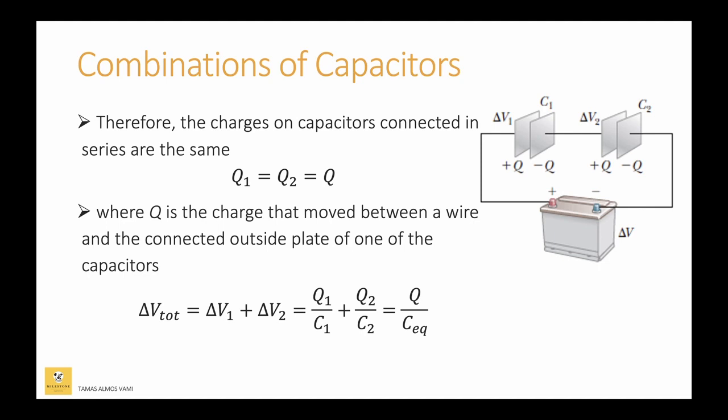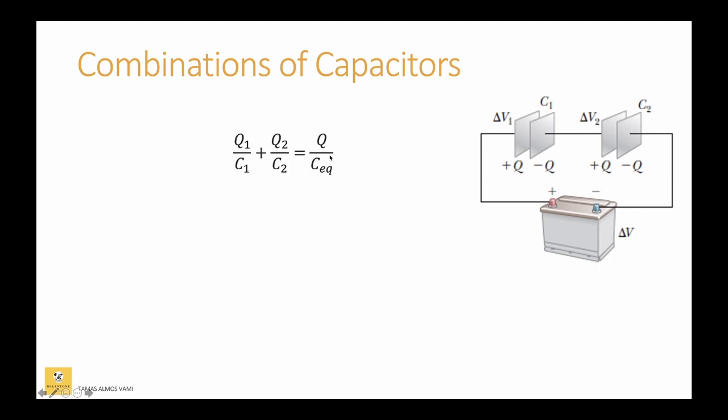So then the total voltage difference is going to be the sum of the delta V1 and the delta V2, which we again calculate by the charge over the capacitances. And so then we have an equivalent capacitor in this situation that will have the delta V of Q over CEQ.